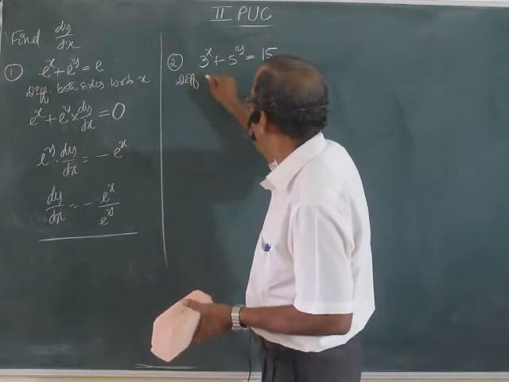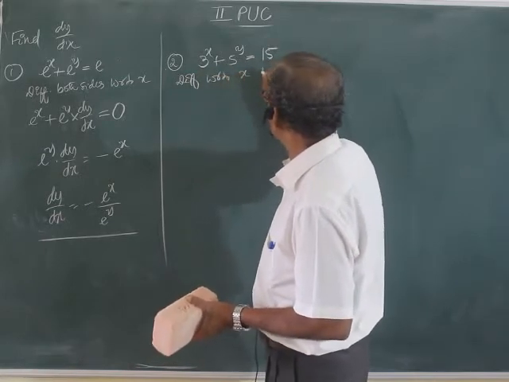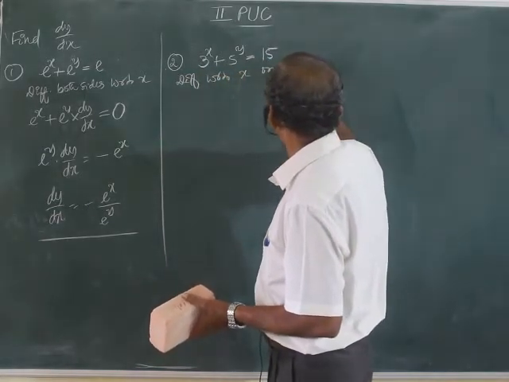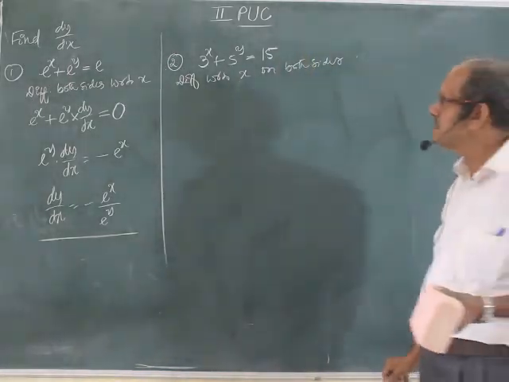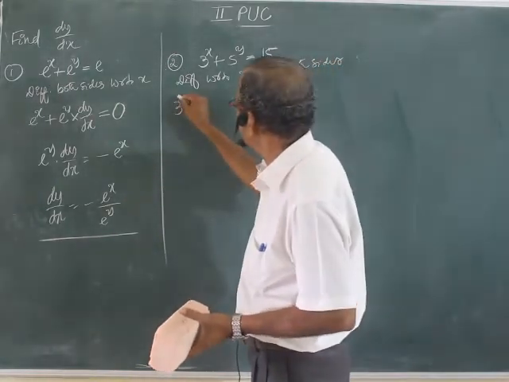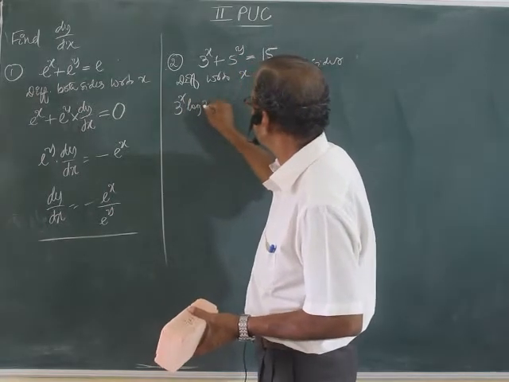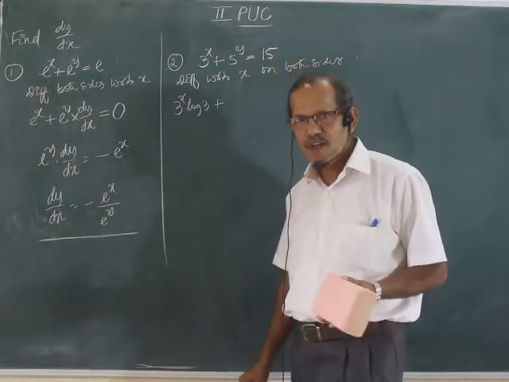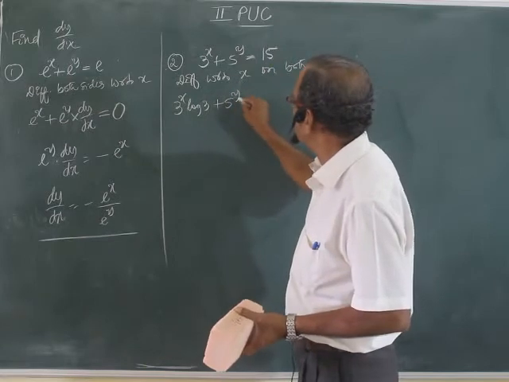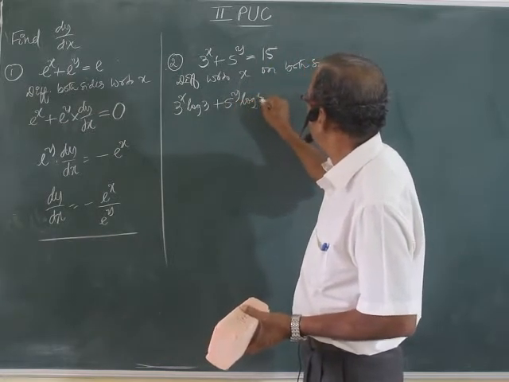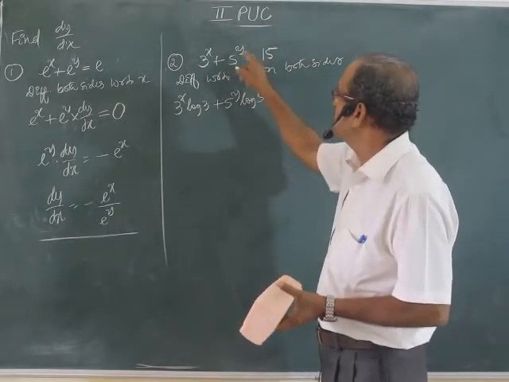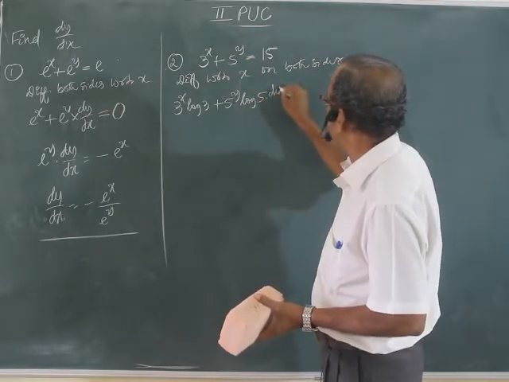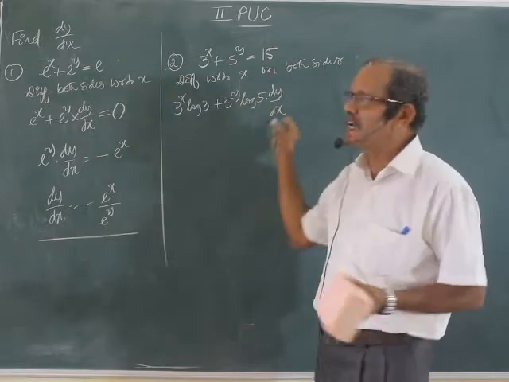Differentiating with respect to x on both sides. Three to the power x derivative: 3 to the power x into log 3. 5 to the power y also: 5 to the power y into log 5. Is it over? No. It is y immediately multiplied by dy by dx. Then only chain rule completes.